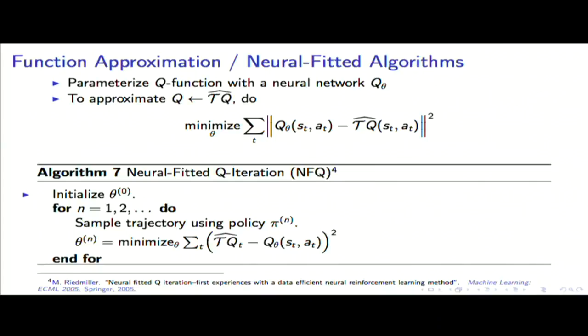So you sample your trajectory using your policy, and then you update the parameters of your Q function by solving this nonlinear least squares. So that's neural fitted Q iteration. We're going to also talk about a more online version of this called DQN, or the Deep Q Network algorithm, next class, and several variations of that algorithm.